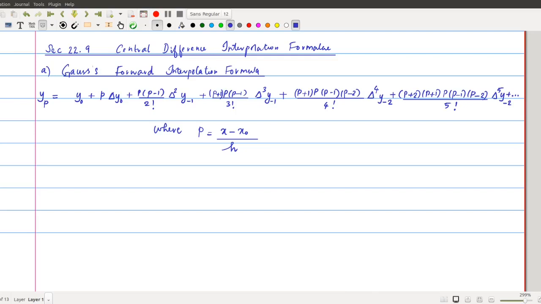We can discuss. Section 22.9, Central Difference Interpolation Formula. In this section, the first central difference interpolation formula is Gauss forward interpolation formula.